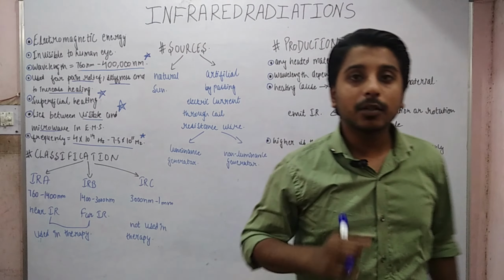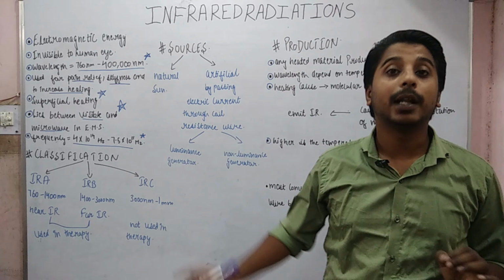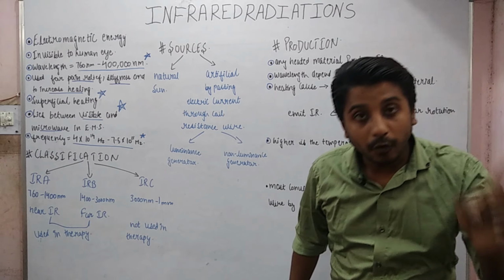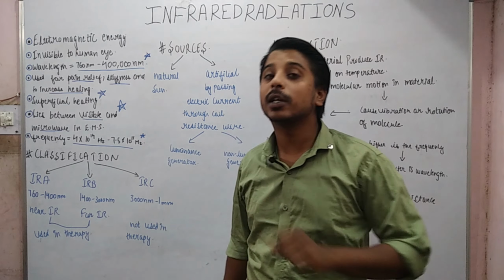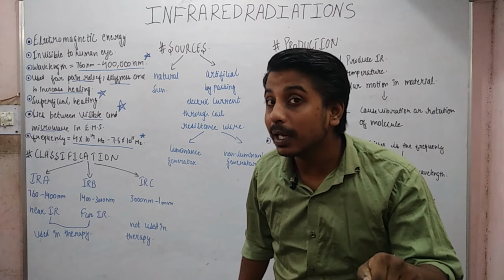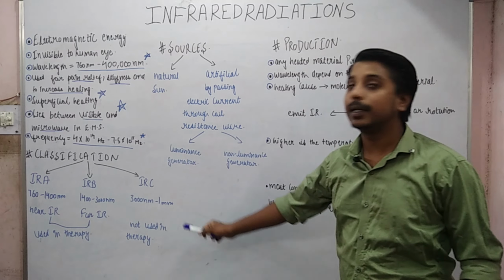What is the wavelength of IRB? 1400 to 3000 nanometer. And IRC is 3000 nanometer to 1 millimeter.